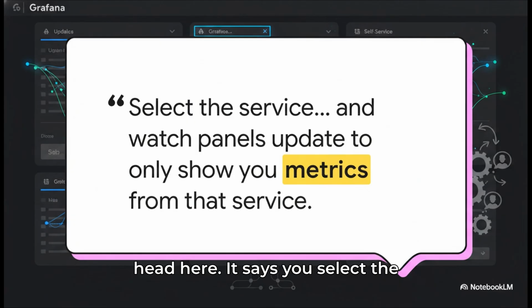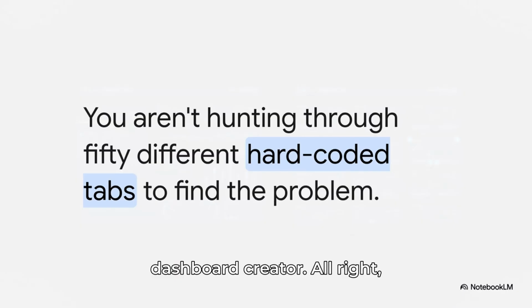It says you select the service you want to inspect from a drop-down menu and watch panels update to only show you metrics from that service. This completely empowers self-service analytics across your entire engineering team. Anyone can go in and find the insights they need without requiring special edit permissions or having to bother a dedicated dashboard creator.